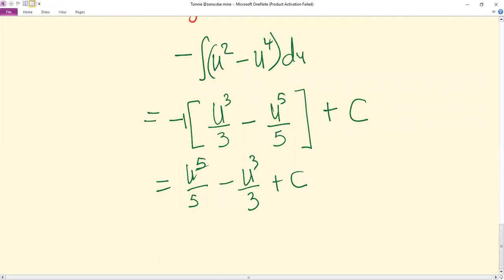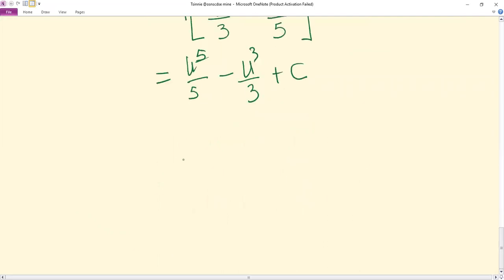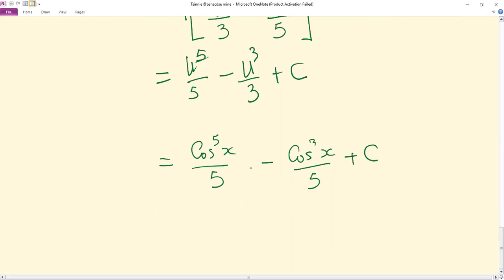But you remember, u was our own creation, so this would be the same as cos power 5 x over 5 minus cos power 3 x over 3, then plus c. So this will be the integral of sine cubed x cos squared x dx.